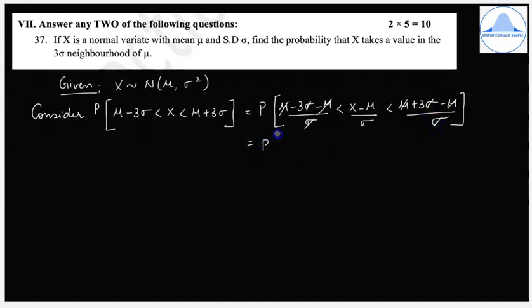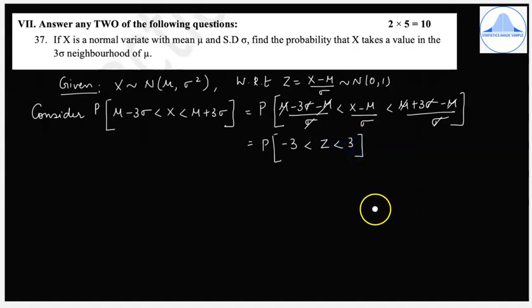So this is equal to probability of, you will have minus 3, and we know that z is equal to the standard normal variate, which is x minus mu by sigma, which follows normal 0, 1. So for this we will substitute: minus 3 is less than z is less than 3. Next you can draw the normal curve.